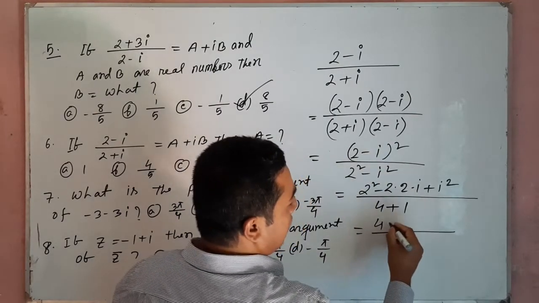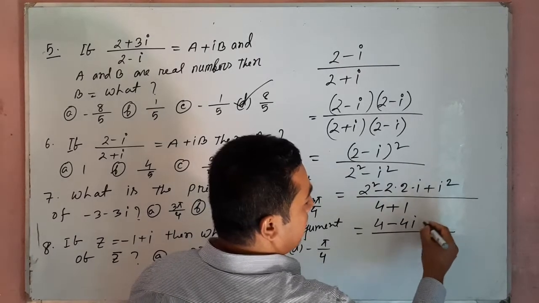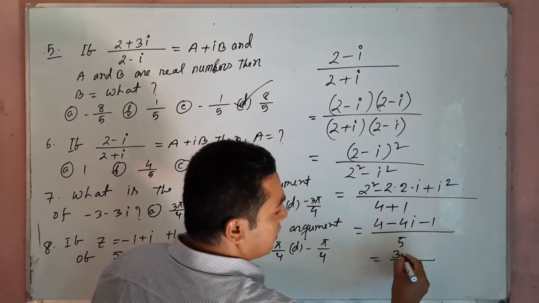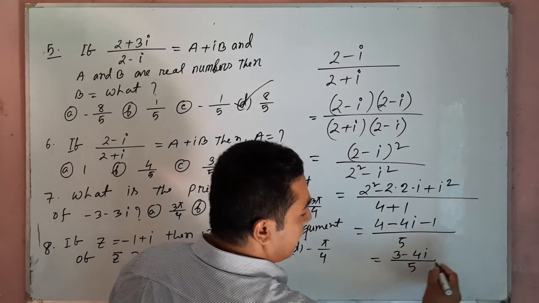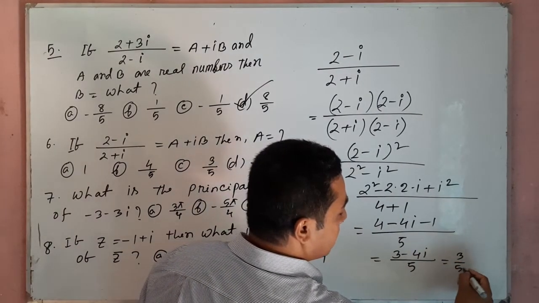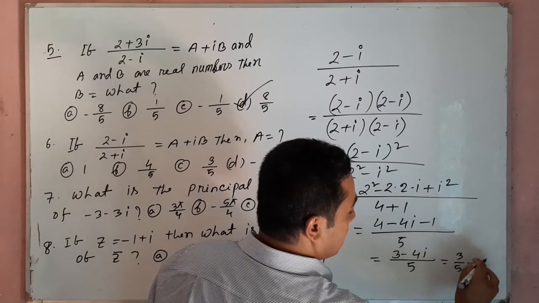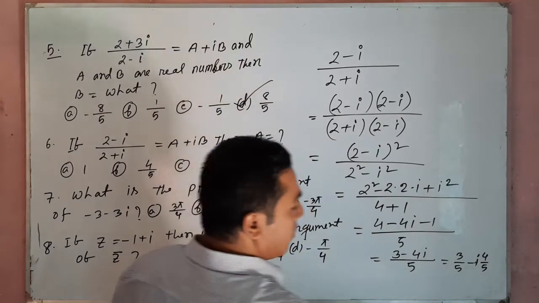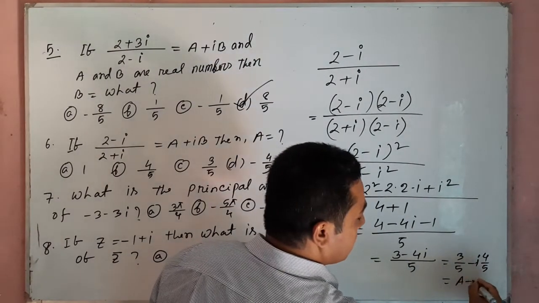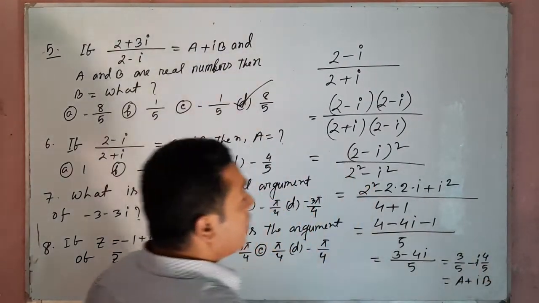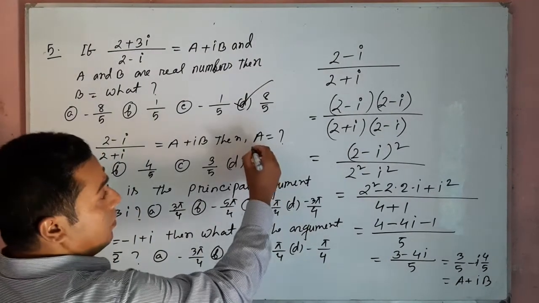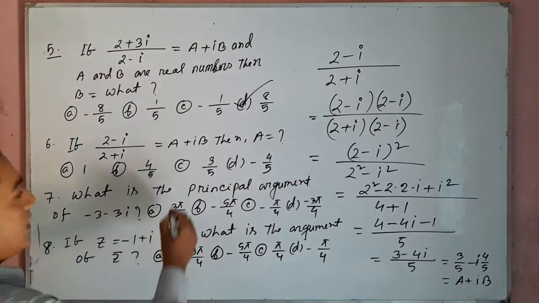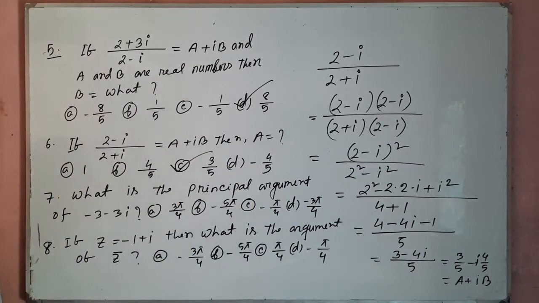So 4 minus 4i minus 1, divided by 5, is equal to 3 minus 4i divided by 5. So 3 by 5 minus i into 4 by 5 is equal to a plus ib. What is the value of a now? So a is equal to 3 by 5. a is equal to 3 by 5 is our answer.